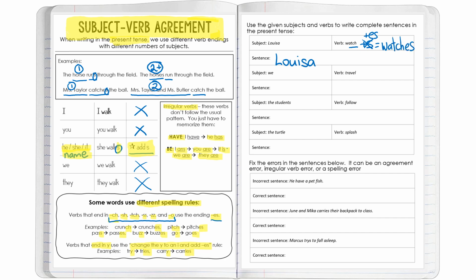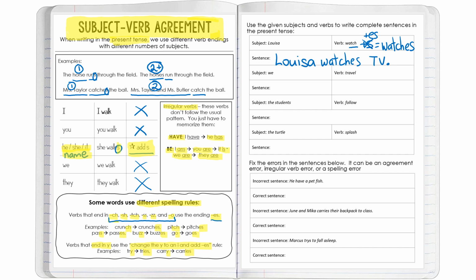So I can add that down here. Louisa watches. And then I can finish the sentence any way I want. Louisa watches TV. So my strategy is to think about my subject, check out my chart to decide if I need to change my verb, and if I do need to change it, then think about the spelling rules.